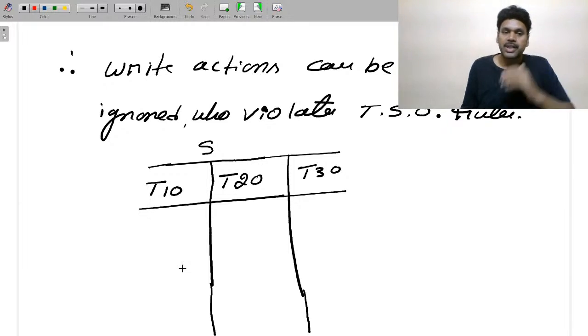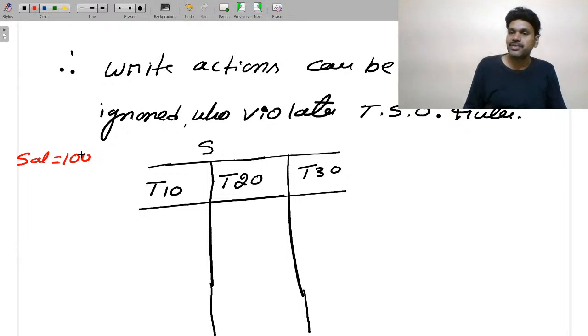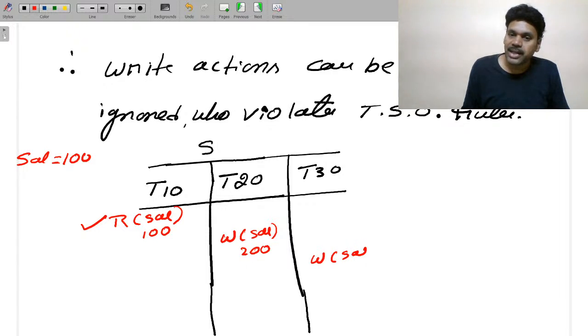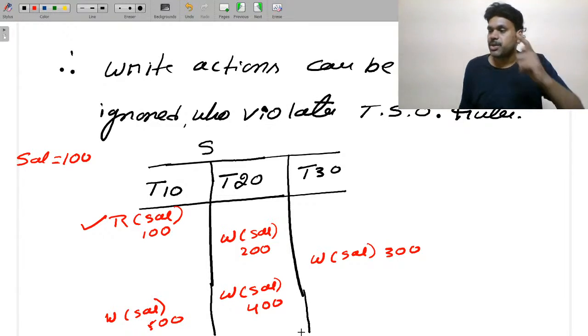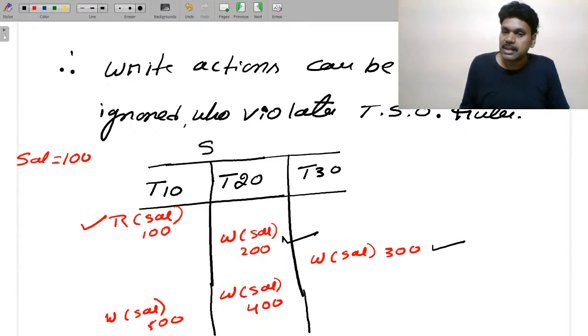Why? I will show you the proof, just follow. So salary is equal to 100. Please observe, friends. Read salary, it's fine, 100. Write salary, it's fine, 200. Write salary, fine, 300. Write salary 400. Write salary 500. Now you observe, friends. This is allowed.